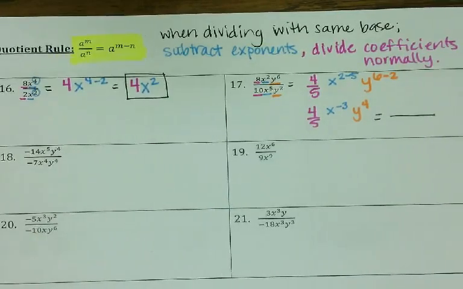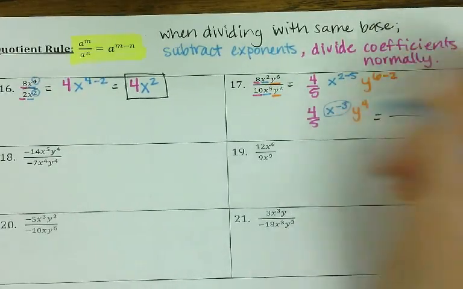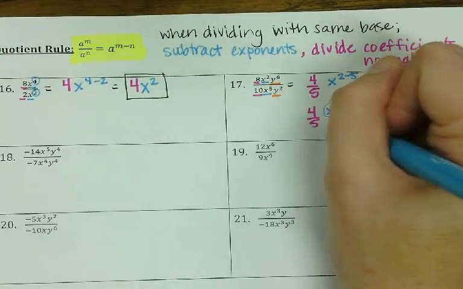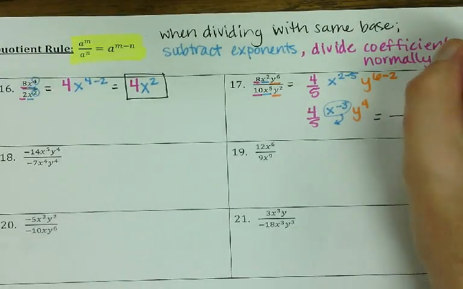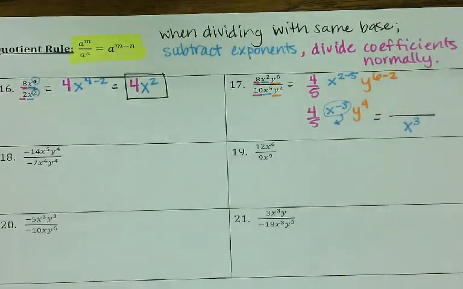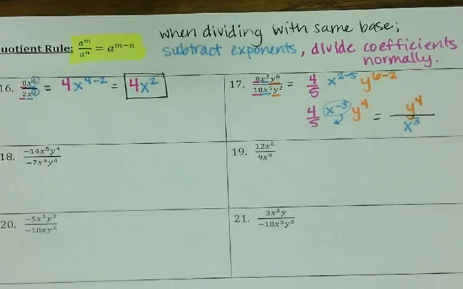We don't want any negative exponents in our answer. So what do I need to do to get rid of this negative exponent? Move it to the bottom. Right? So, guys, my x is going to actually pop down here and become x cubed. And my y is going to be y to the 4th. Do y'all see that?